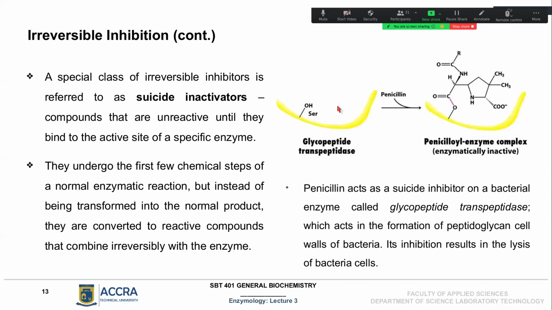So such an inactivator as penicillin can be referred to as a suicide inactivator.